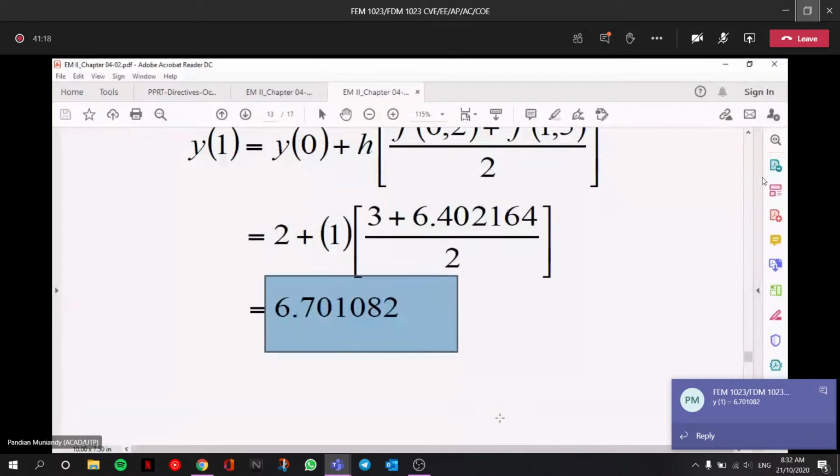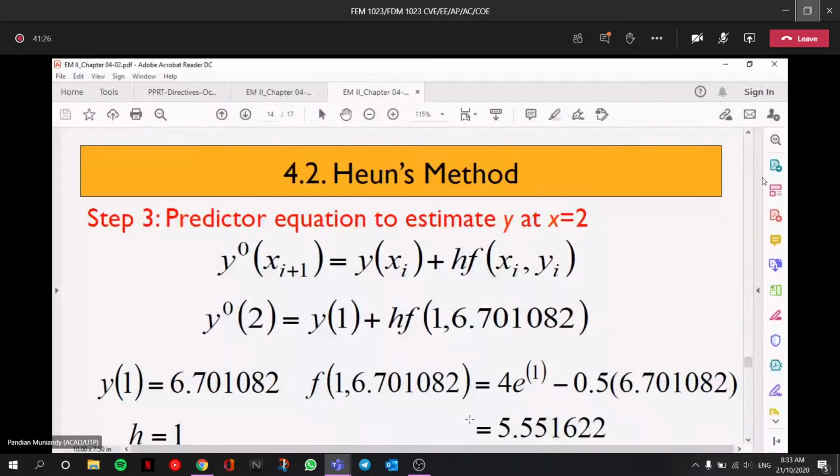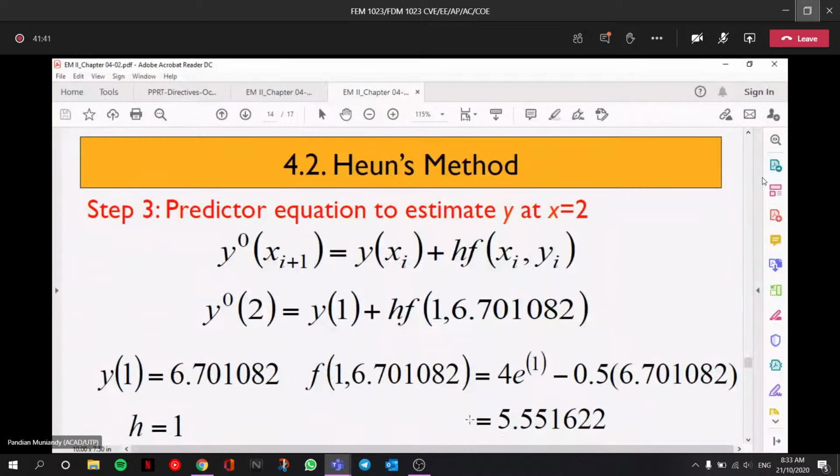Okay. Now at x equals 2, this one you have to check. Use your calculator now.